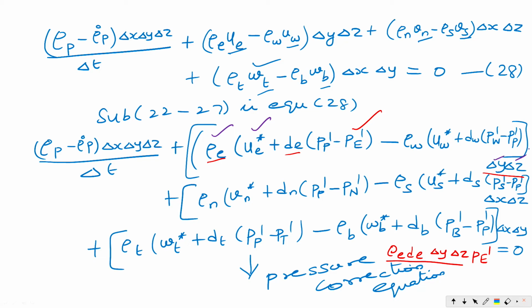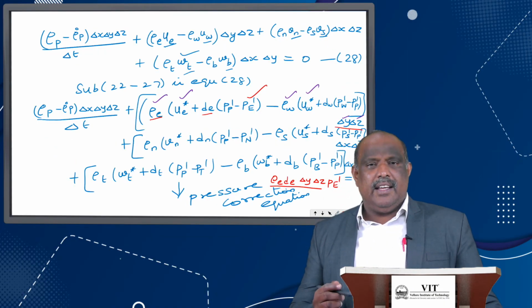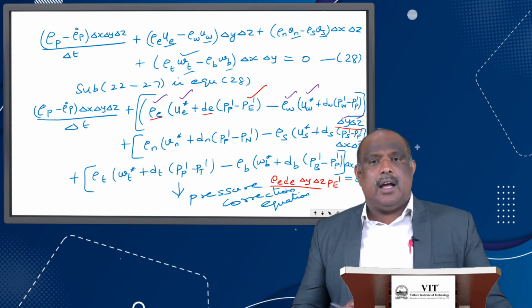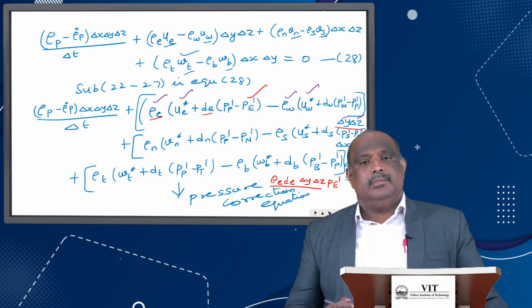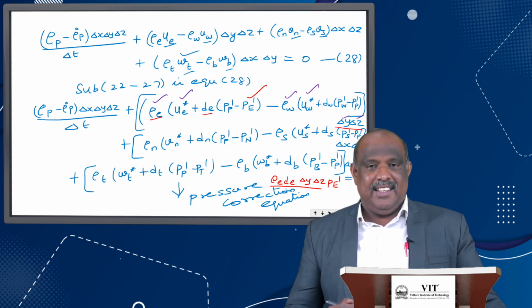This is positive. When I take it to the other side, it becomes negative. You see here minus rho_w u_w star Δy Δz. This is negative. When I take it to the other side, it becomes positive. Are u_w star and u_e star known or unknown? Yes, they are known values.